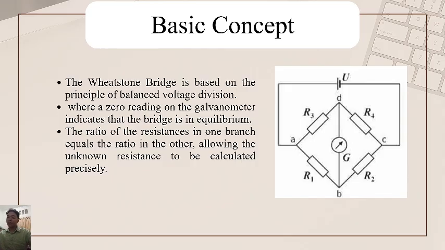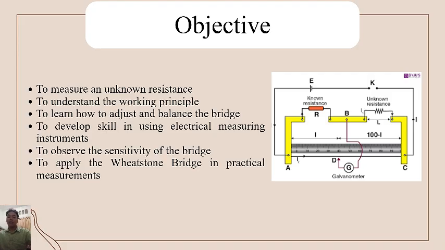The next, after the basic concept, is the objective. The objectives of the Wheatstone bridge are: number 1, to measure an unknown resistance accurately using the principle of bridge balancing. Number 2, to understand the working principle of the Wheatstone bridge, including how voltage division leads to the balance condition. Number 3, to analyze the relationship between known and unknown resistance using the balance equation.